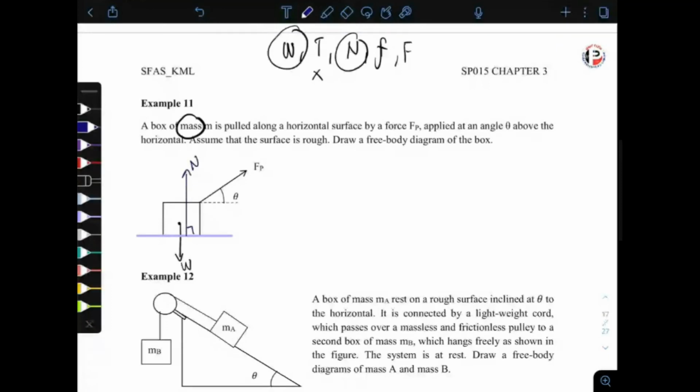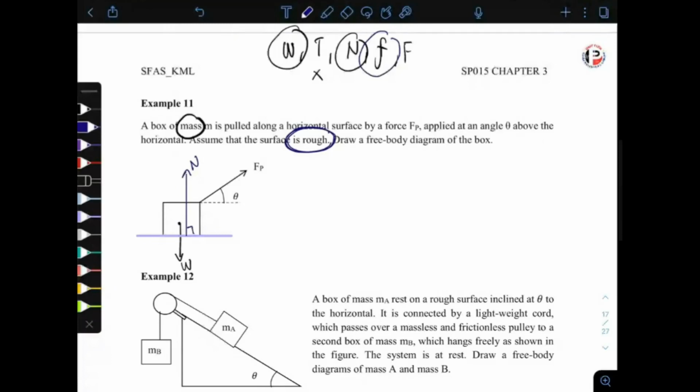And then, do we have friction? Apa syarat untuk ada friction? Rough surface. Permukaan kita rough tak? Assume that the surface is rough.